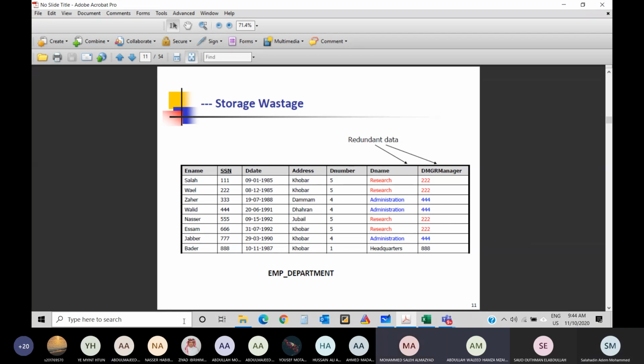Because 5 is with Khubar and Jubair. Exactly, because when I say Khubar here, I get 5, which is good. Khubar 5, which is good. Khubar 4, no. So I have a different number here. Khubar is mapping to 4 and sometimes to 5. So in this case, this column is not functionally dependent on this column.